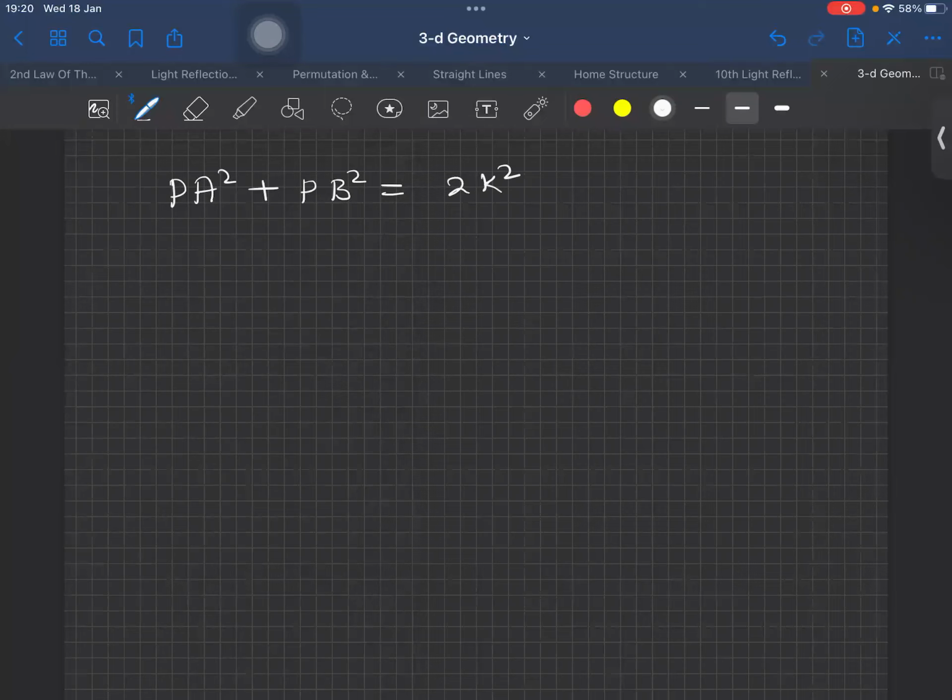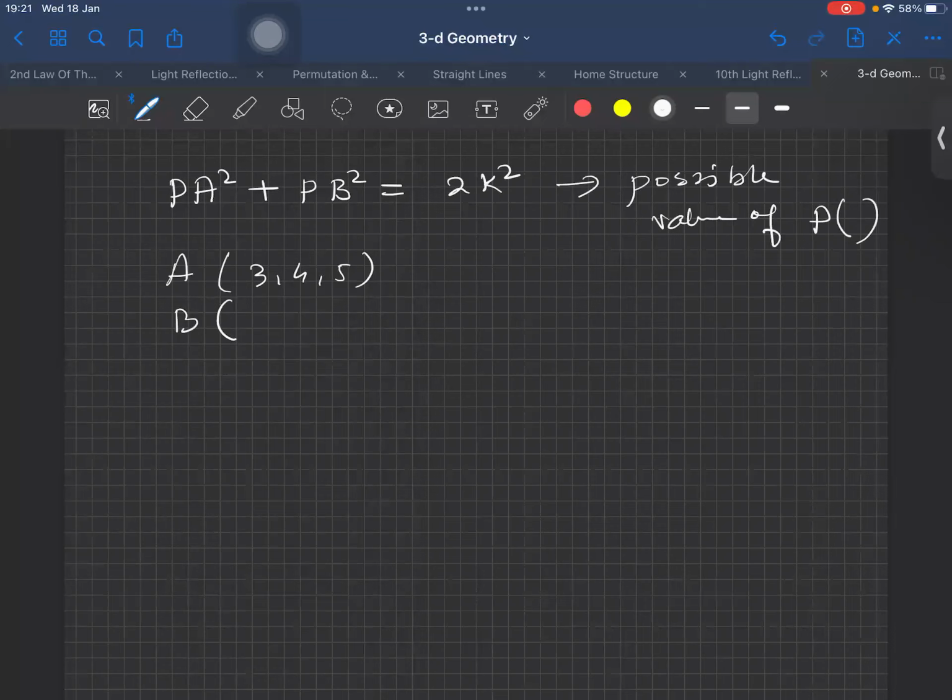So you have to find the possible values of point P, if A is (3, 4, 5) and B is (-1, 3, -7). See, A and B are given and a relation is given, right? So can you find the possible values of P?